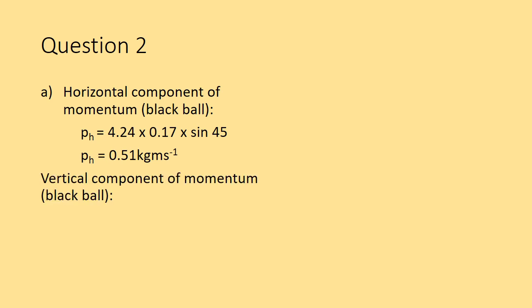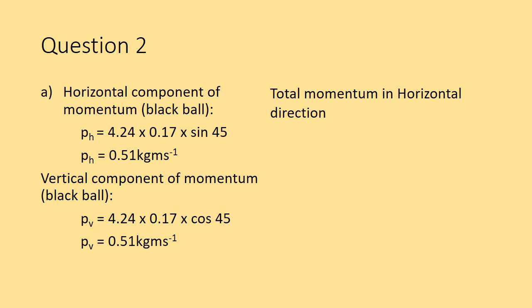Now we move into the vertical component, and we find the calculation is exactly the same. 45 degrees is that magical angle where both sine and cos are the same. So that gives us a vertical component of 0.51 kilograms meters per second. So what about the white ball?